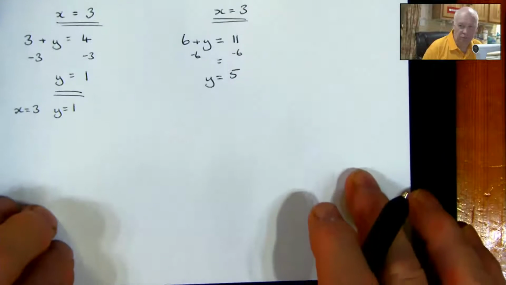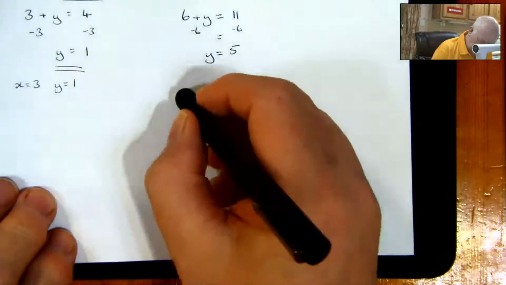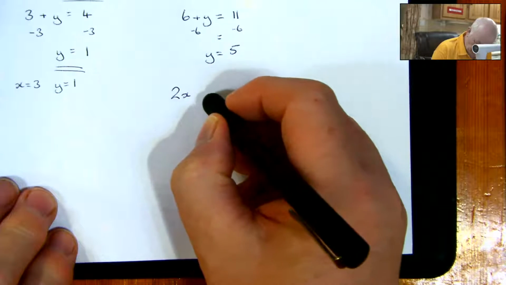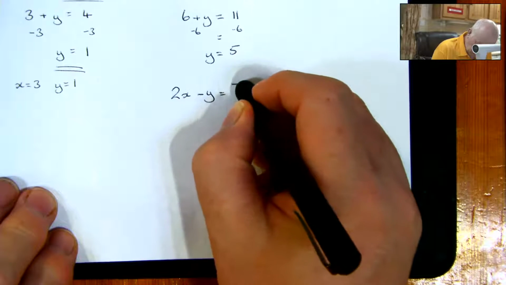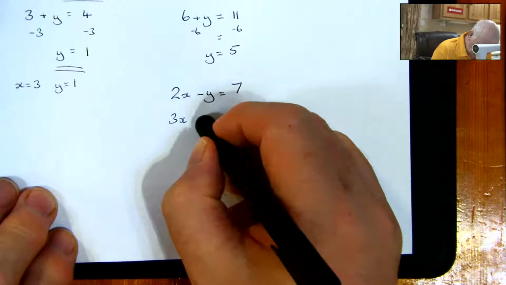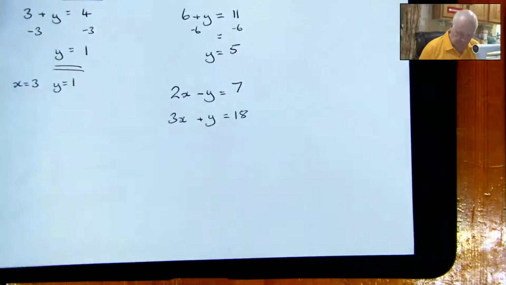Probably worth doing just one more of these just to make sure that you're happy with this. So let's take 2x minus y equals 7 and 3x plus y equals 18.